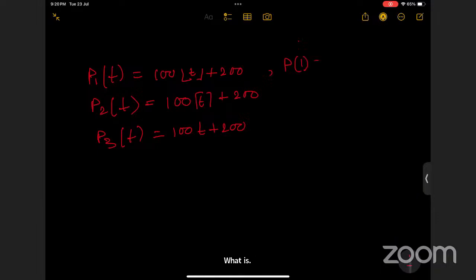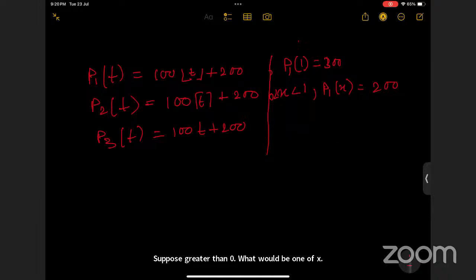P1 of 1 is clearly 300, right? And if x is less than 1 and greater than 0, what will be P1 of x? It will be 200, right? Yes, ma'am.